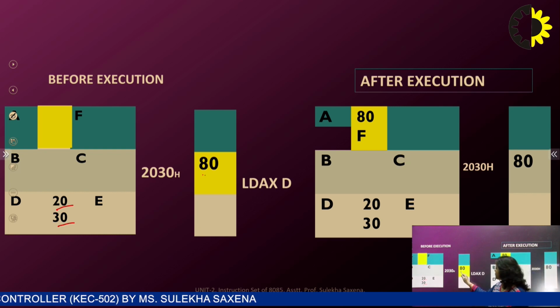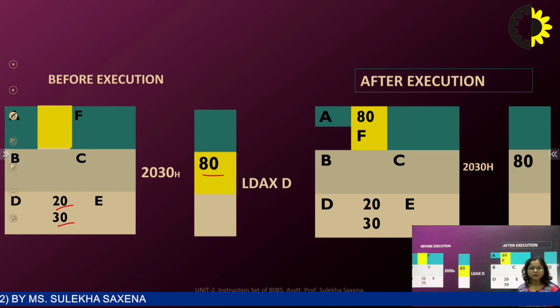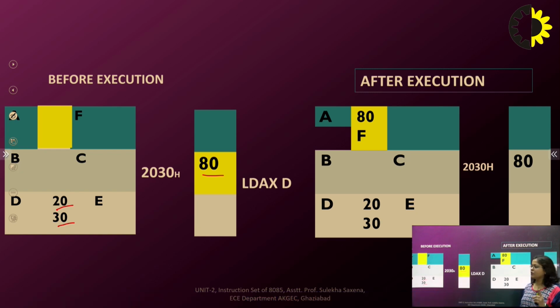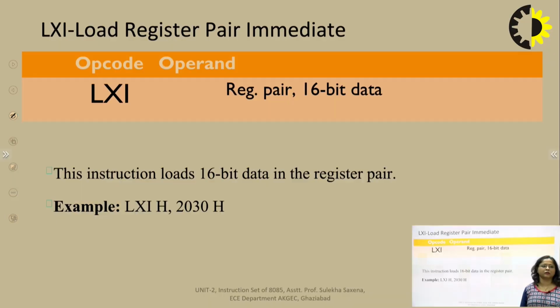Let the content of this address be 80. So when LDAX D is run, the content of the accumulator will be updated to 80. Clear? So I hope you get the difference between LDA and LDAX. In LDA, the address is directly specified in the instruction, whereas in LDAX, a register pair is specified. The content of the register pair will be the address and the content of this address will be copied to the accumulator.